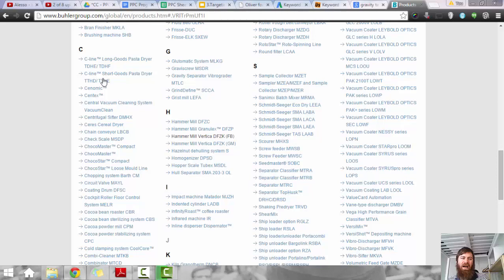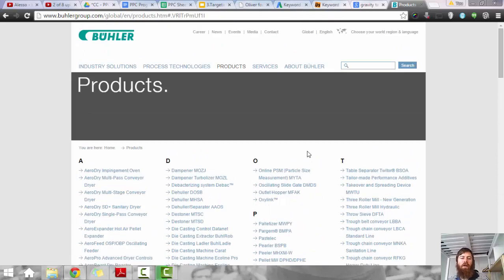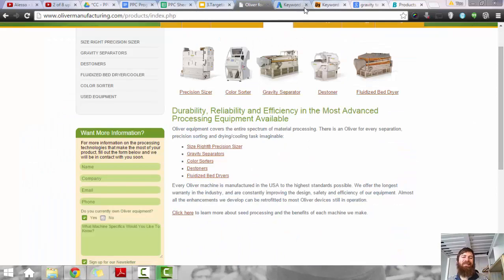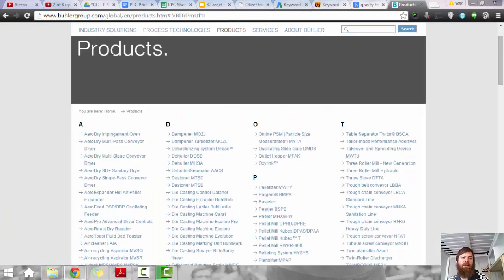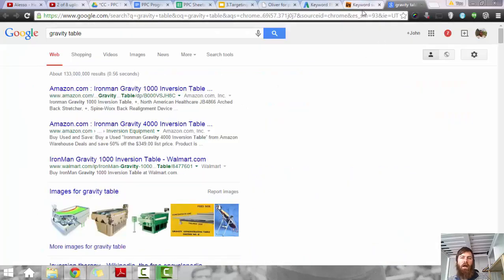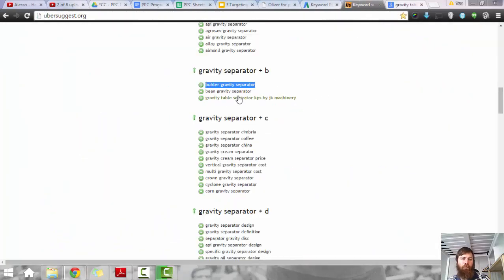The same people that buy Bueller Group may be a large array of people, whereas Oliver may only sell a segment of that. So even though this is a competitor for our products, the company overall is very different, if that makes sense. Bueller sells gravity separator.